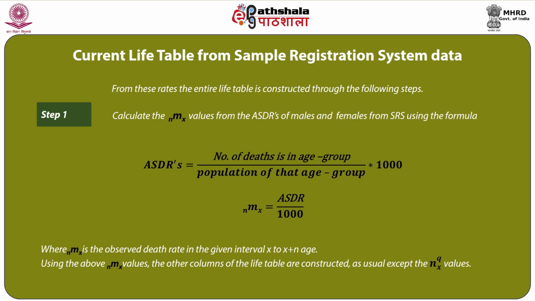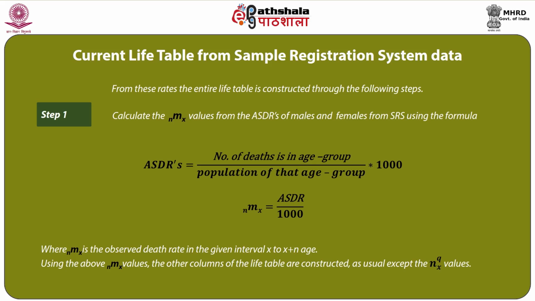In formulation, NMX is equal to age specific death rate by 1000, where NMX is the observed death rate in the given interval x to x plus n age.